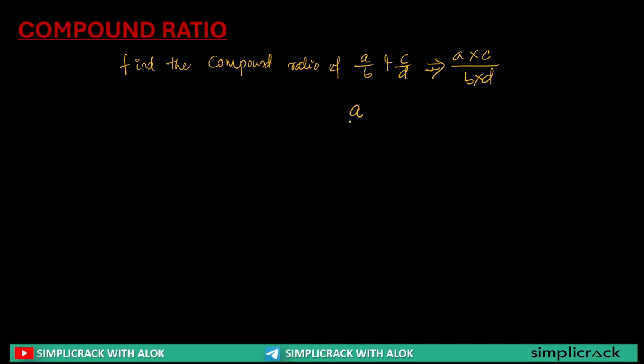If it is in 3 numbers, a by b, c by d and e by f, it will be same, a into c into e divided by b into d into f. So this is the formula of compound ratio. Okay, I hope this is clear.